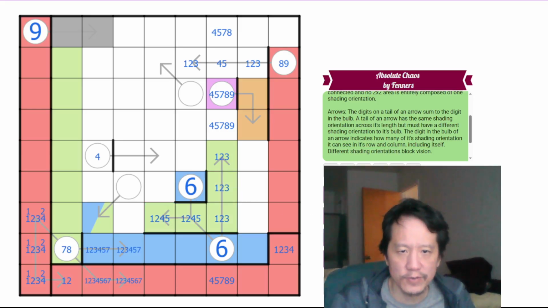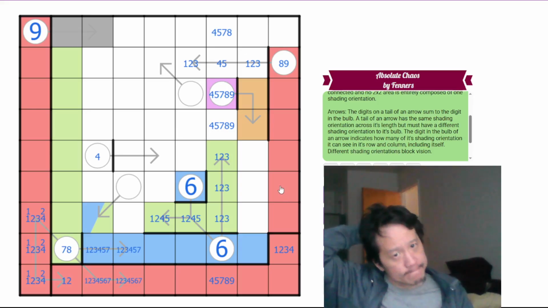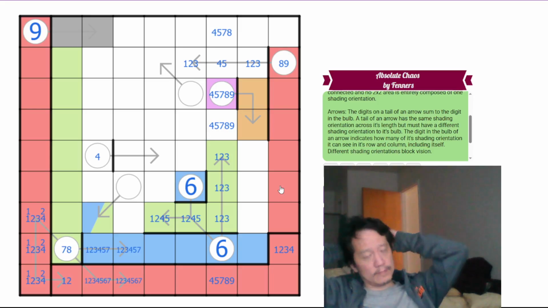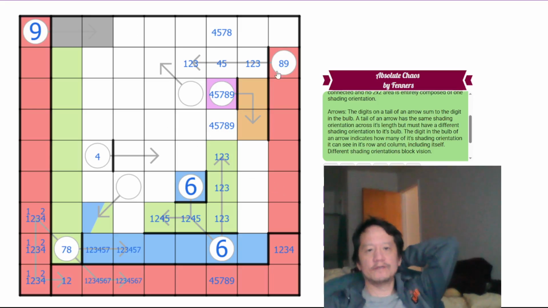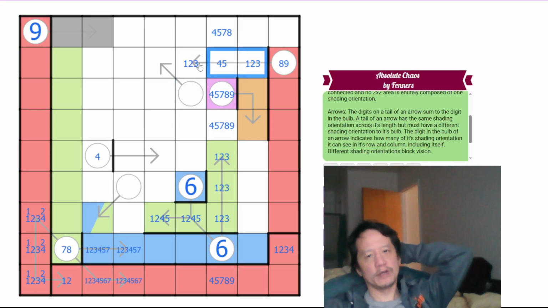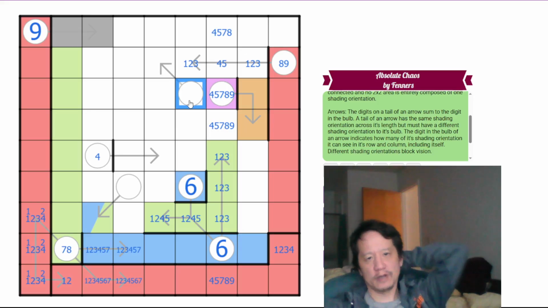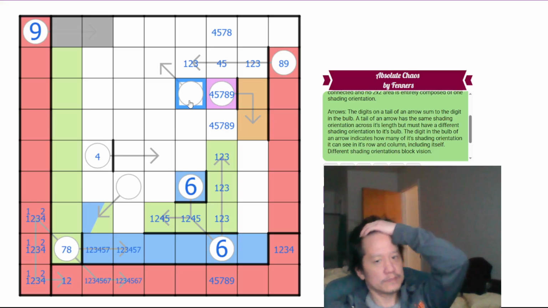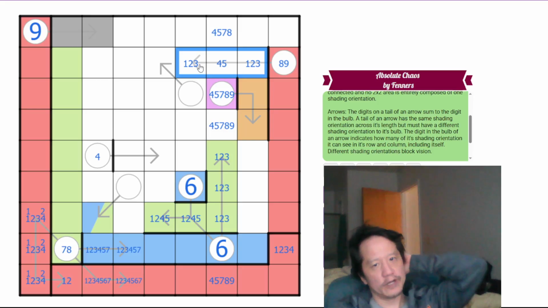This is a separate region. None of these can be red. So this has to be the orange, right? Because if it's pink, well, no, it could be pink as long as this is not pink, right? It just can't be red here.